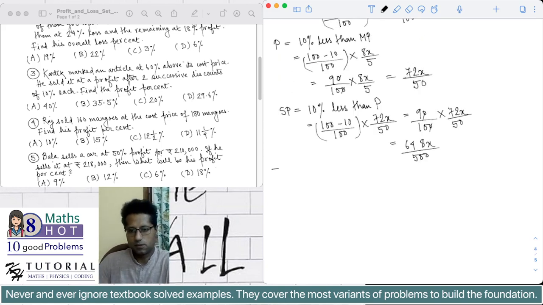So this implies definitely 648X by 500 is greater than X, because the fraction 648 by 500 is an improper fraction and any improper fraction is greater than 1.